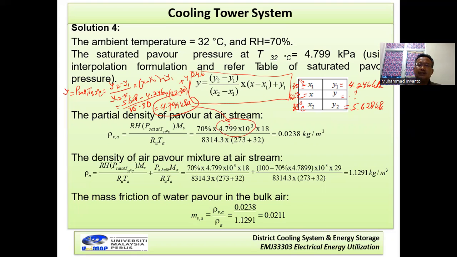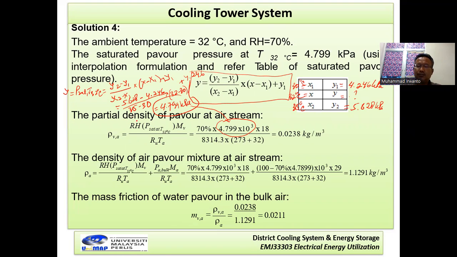Its value can be obtained based on the interpolation formulation. So we want to find the partial density of the vapor at the airstream, rho VA, which is equal to RH times P saturated at the temperature of 32 degrees Celsius, times MP, divided by RU.